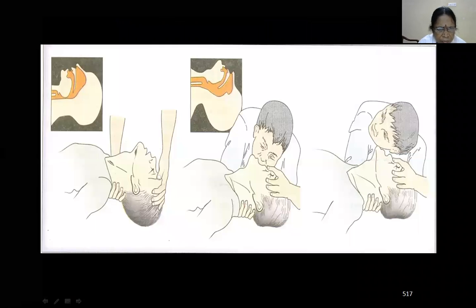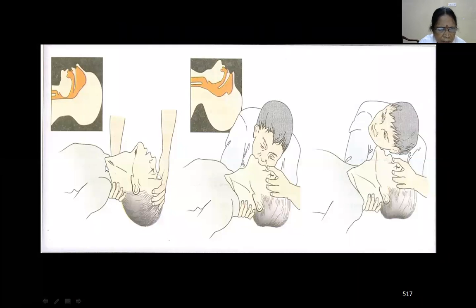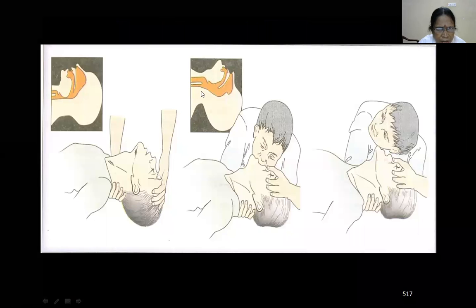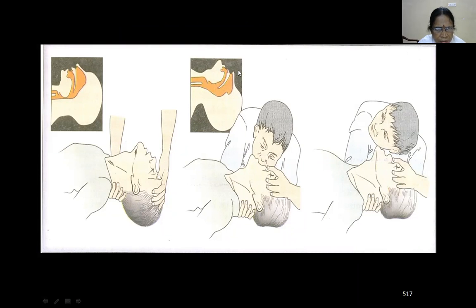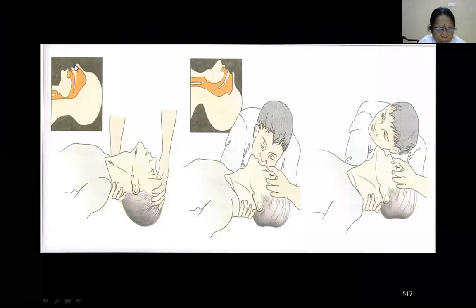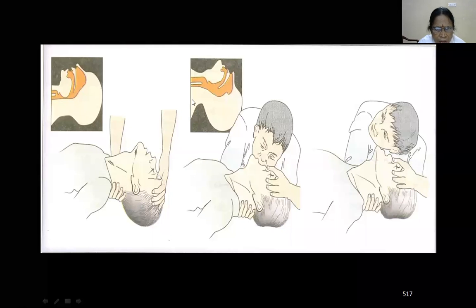And here, the head-neck position. You see the head-neck position. It is a little bit bent downwards. See here, the neck position is like this. Here, the flow will be more straight and air will enter more easily. If it is in this position, it doesn't enter so freely, but in this position, it enters. Therefore, we slightly bend the head backward, like extension. Like this. We are applying the lips.